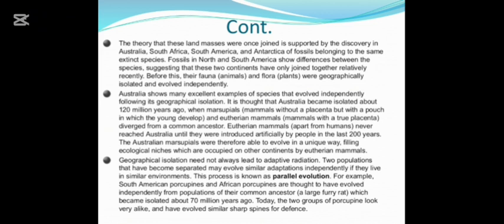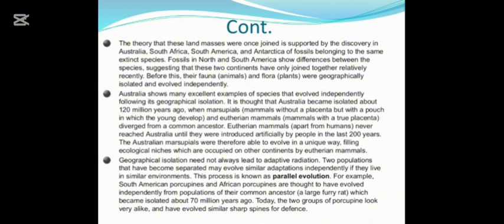This was after marsupials, the mammals without a placenta but with a pouch in which the young develop, and the Eutherians, the mammals with a true placenta, diverged from a common ancestor. Now, Eutherian mammals, apart from humans, never reached Australia until they were introduced artificially by people in the last 200 years.